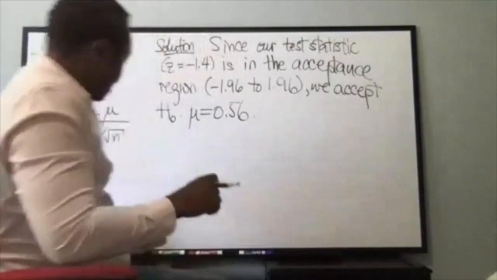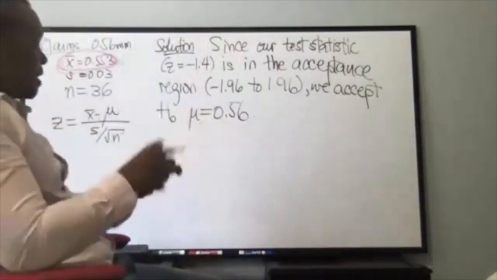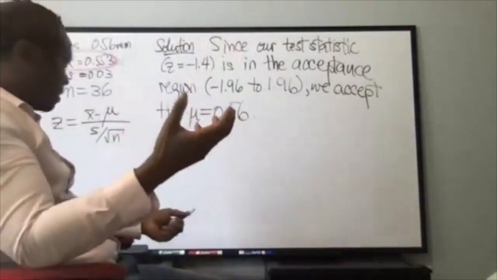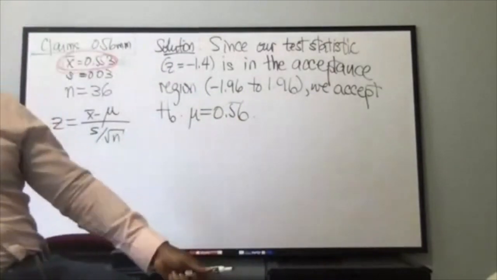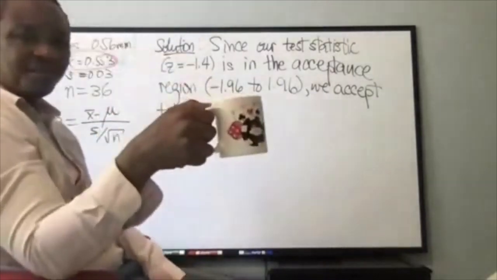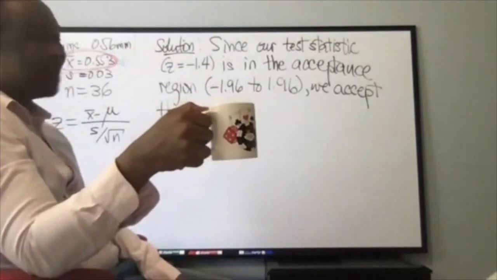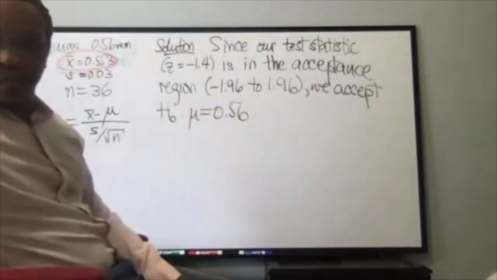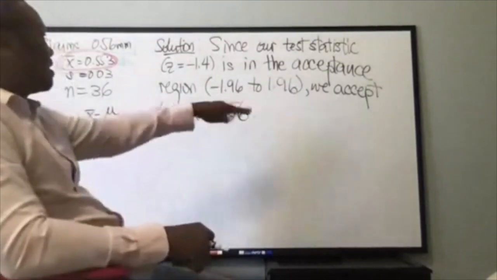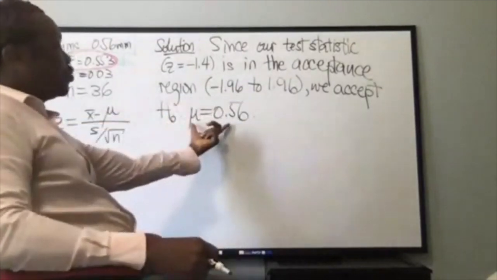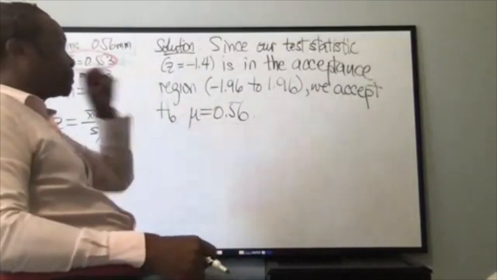See, this is real weird, because we did all that work on the cup. We did all that work on this, and now we're making a final statement about the pot. See that? So whenever we make this final statement, we always have to go back to mu, which is like the larger population.